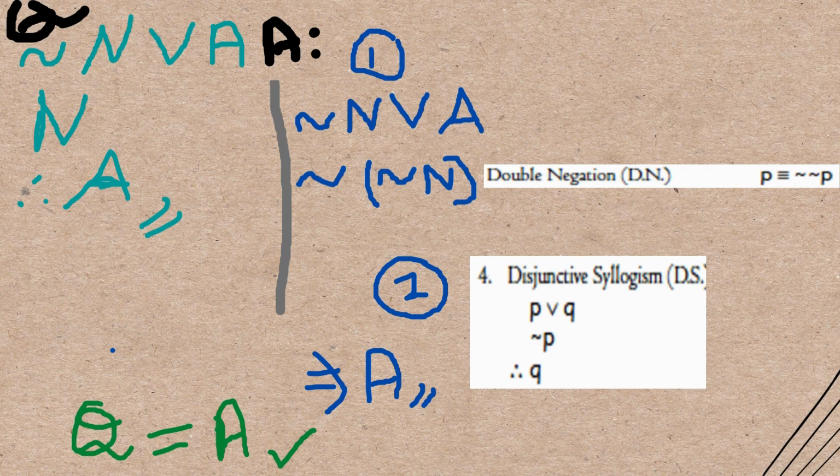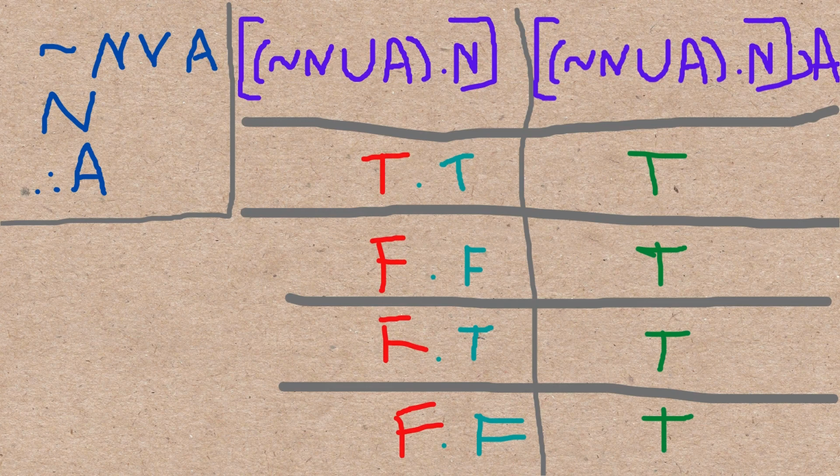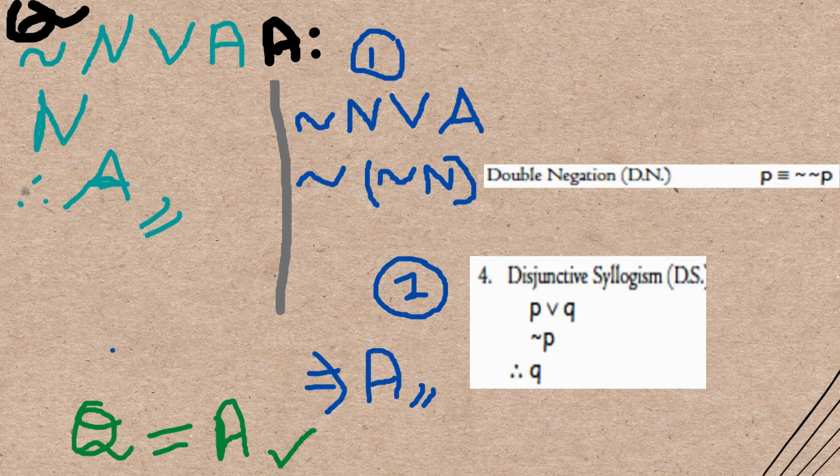I have already said these valid arguments we can be solving in two ways. One is using the truth table way, which you have already seen, how to prove the validity of an argument using a truth table. The second method is proving using the replacement and inference rules.